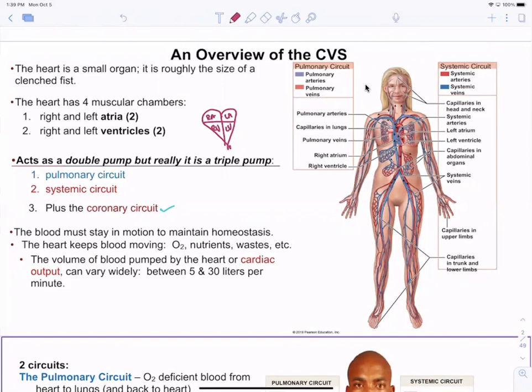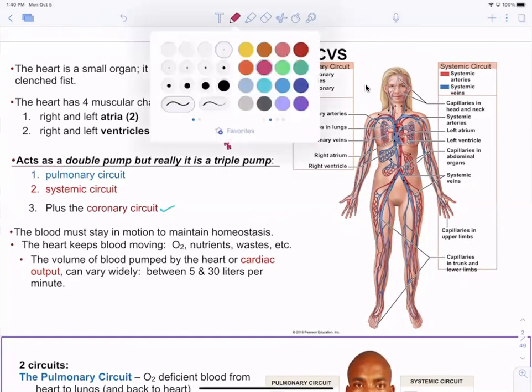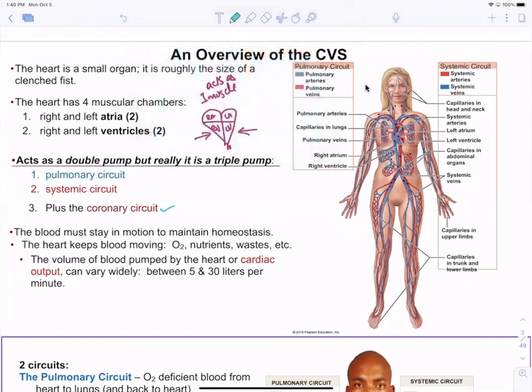And the heart is one muscle, right? So it's one muscle, or acts as one muscle, so acts as one solid muscle. And so as the heart contracts, it's pumping blood from the right side of the heart to the lungs.